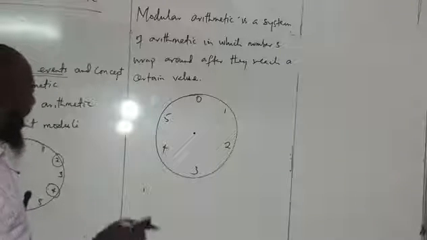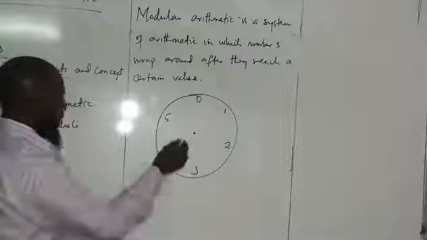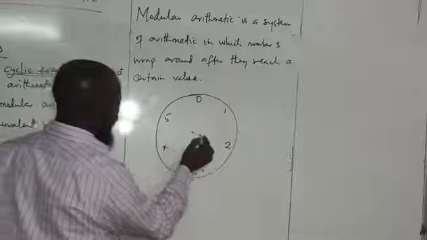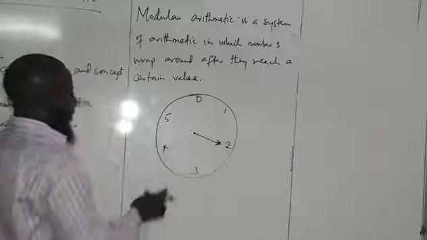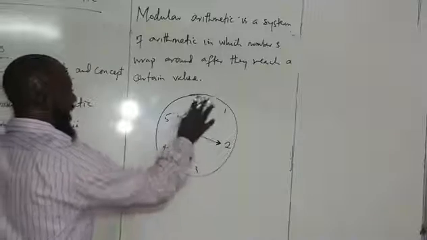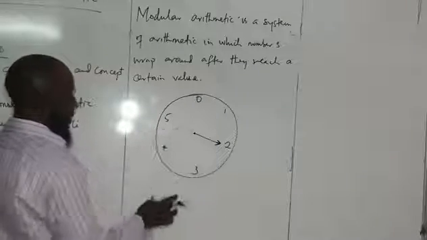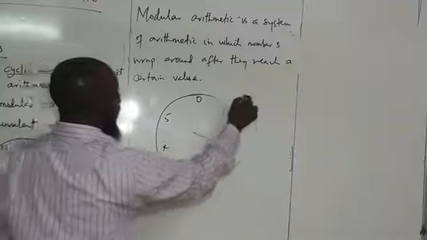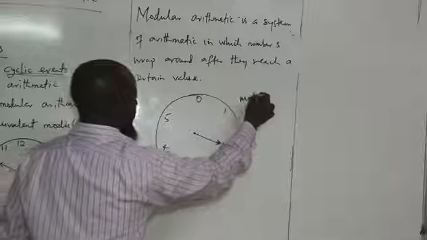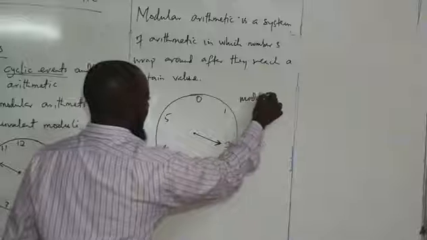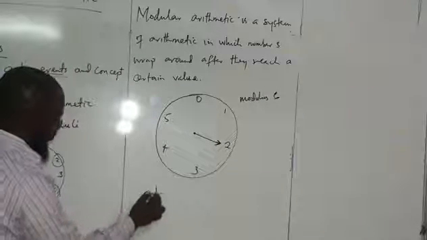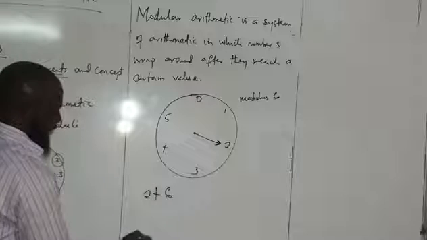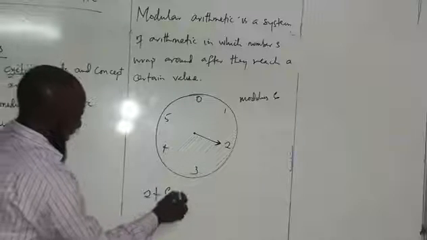Assuming the pointer is on 2, because we have 6 integers here, this is under mod 6. You understand? So if we now have 2 plus 6, what will be our answer?